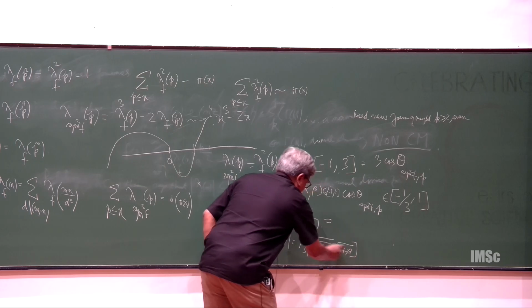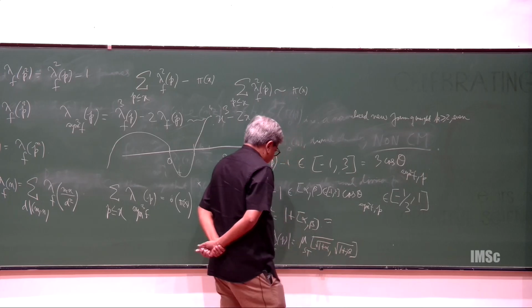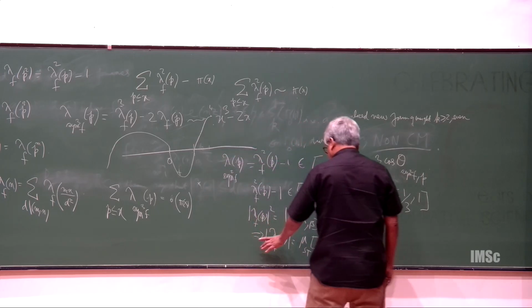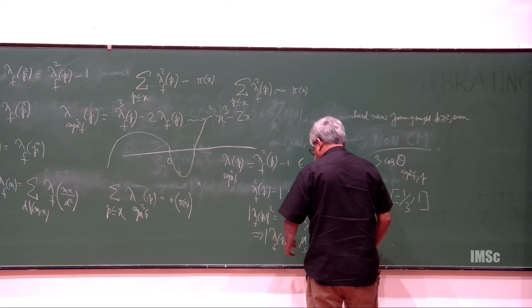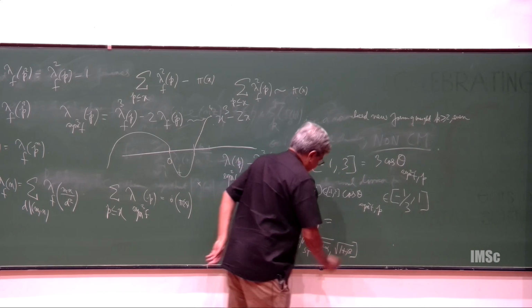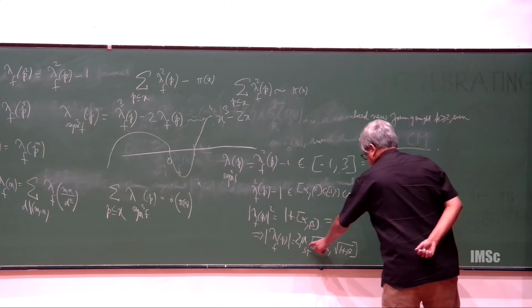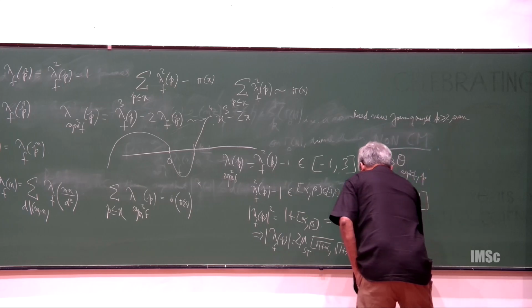Note that these are all positive. This is at least 0, so this is larger than 0, and because |lambda f_p| has to be this, the total measure will be 2 times the Sato-Tate of this. And you can compute this. So then that would be 4 by pi.